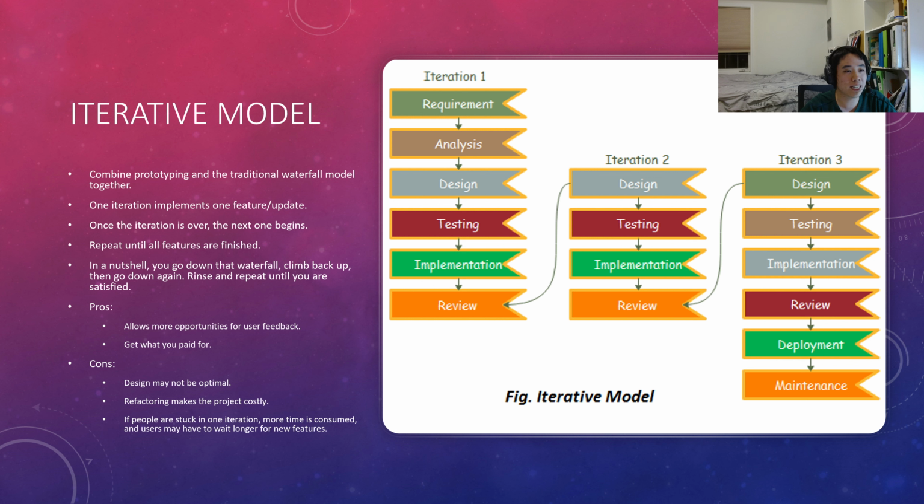This model does allow some methods of going back and revisiting old things. And when you're done with your second update, you're going to move on to the third, and you're just going to keep on going. It's like jumping down the waterfall, maybe swimming all the way down, and then you climb back up again, and then you go all the way down again as many times as it takes until your adrenaline needs are satisfied.